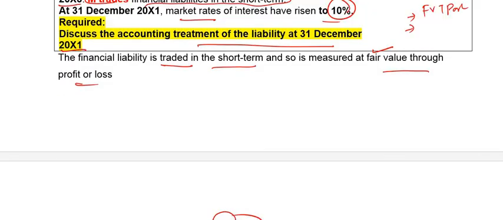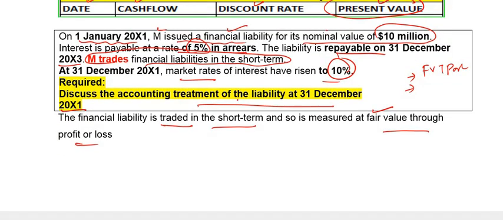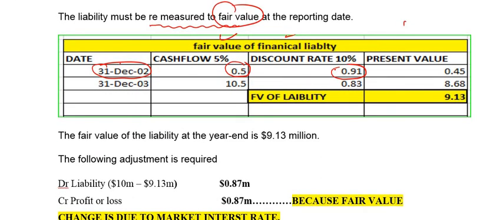The market interest rate has increased to 10%. So this will be the discount rate for you, and you will also get this from the discount factor table.